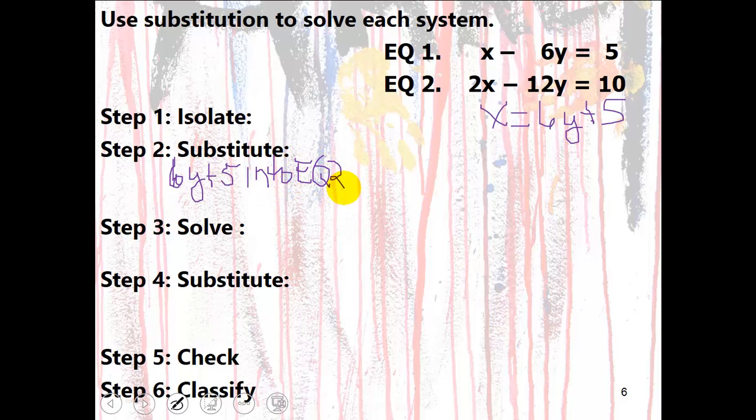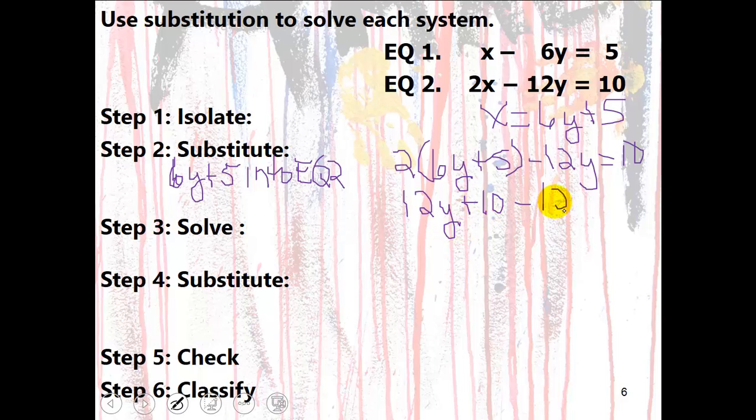So I have 2 times (6y plus 5) minus 12y equals 10. I'm going to distribute: 12y plus 10 minus 12y is equal to 10. Here's another funny one. Notice how my y's drop out again. So that means I'm left with 10 equals 10. This is always true.